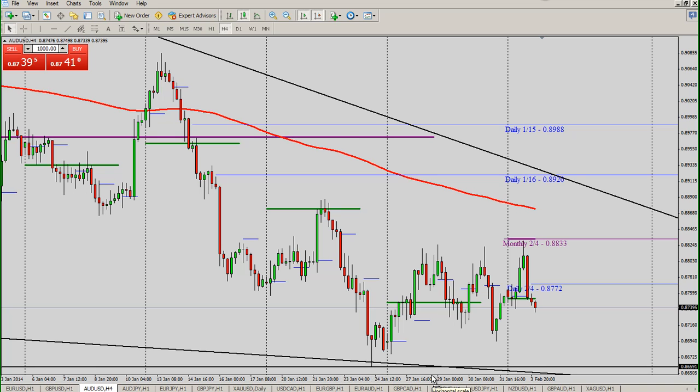And at that point, we'll be targeting things such as the monthly pivot up here at 88.30 and daily pivots at 89.20 and 89.90. So those are going to be our targets if we get a double bottom on the Aussie dollar. It hits and bounces, and we get into that bounce, and we put some stops below this, then we're going to be targeting 88.30, 89.20, 89.90.